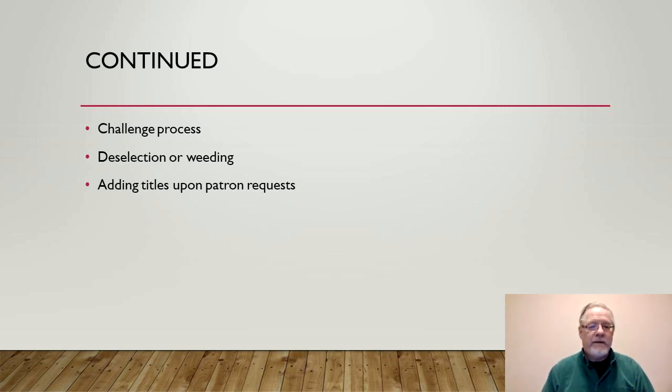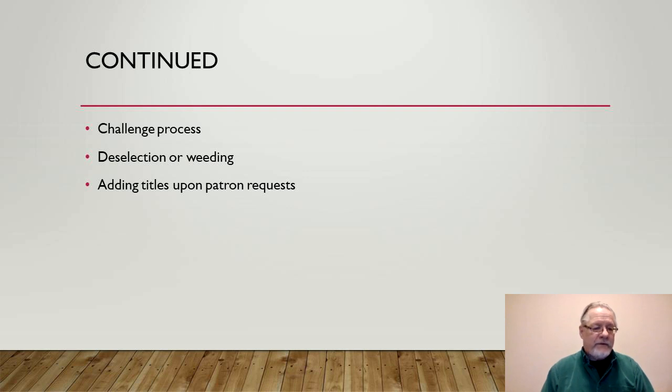For example, a person might complain verbally, not written down, but just a vocal complaint. You can listen to those complaints, but to process the complaint, you might have to say it's got to be in writing. You might either have it written out on a piece of paper, or you might even have a form that they have to fill out. But that should be part of the collection development policy.